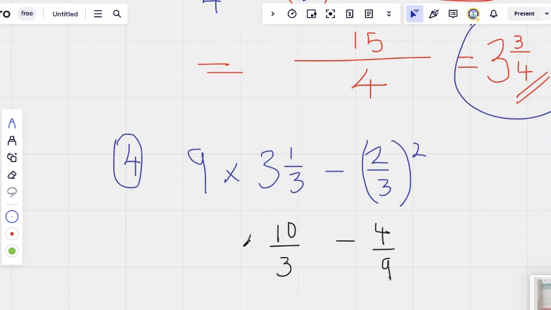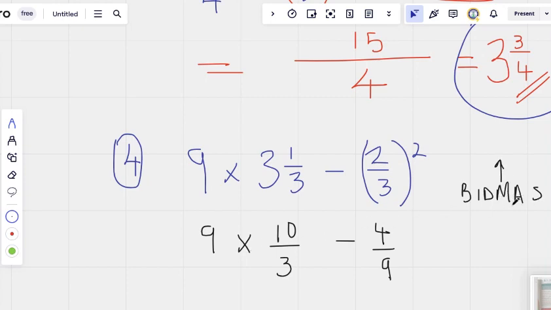And then we have multiplied by a whole number. So you see, in BODMAS, multiplication comes first before subtraction. You get it? So you do the one that comes first. Multiplication comes before addition and before subtraction.